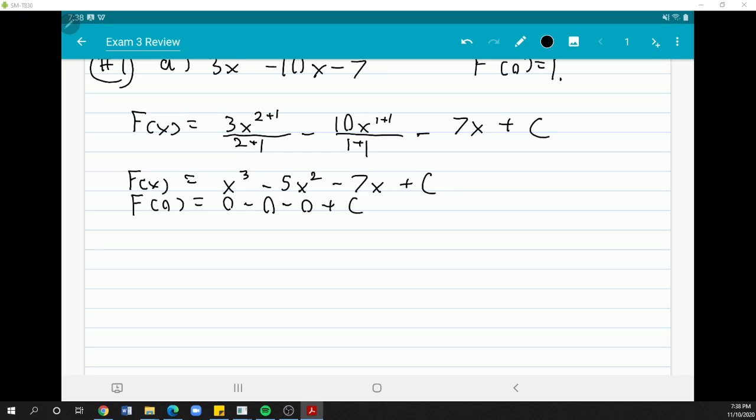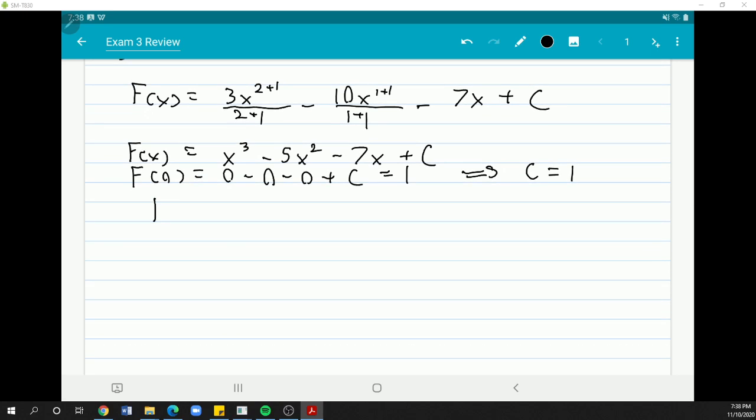But f of 0, by what we were given, was also equal to 1. So this implies c is equal to 1. Therefore, my antiderivative is x cubed minus 5x squared minus 7x plus 1.